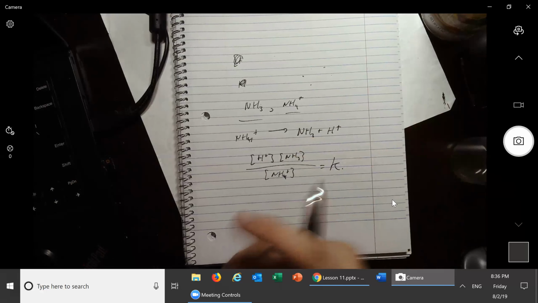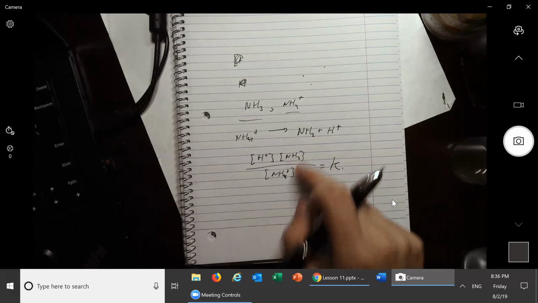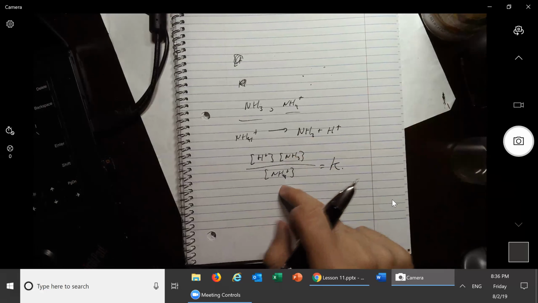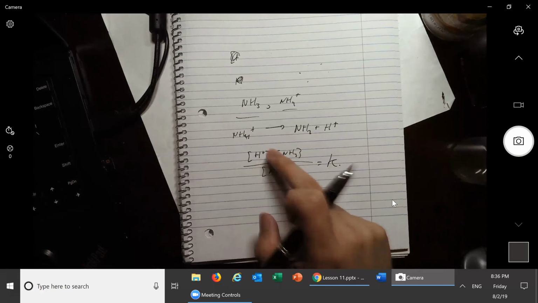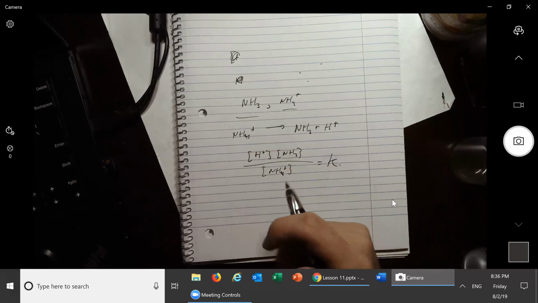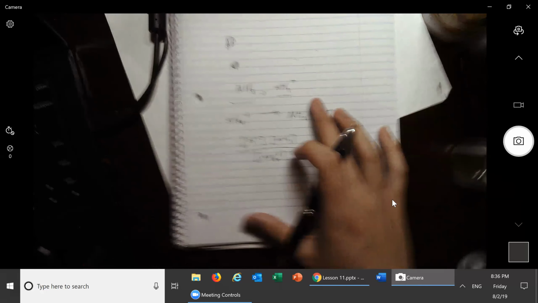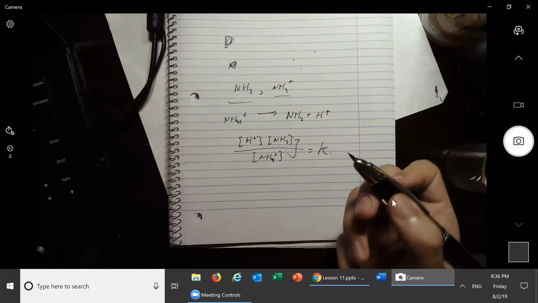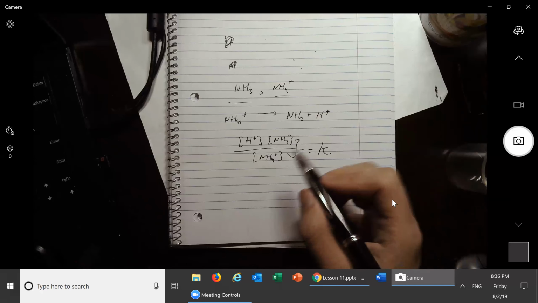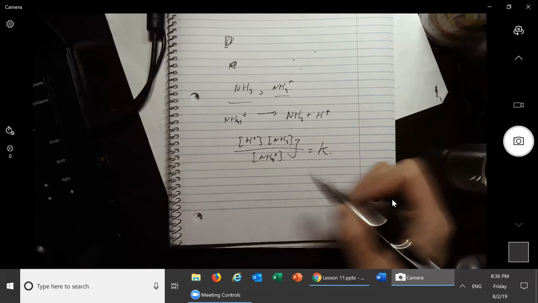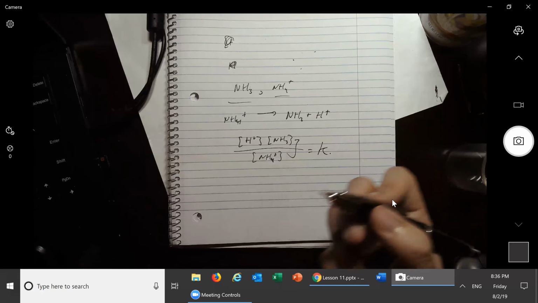Now, the concentrations of NH3 and NH4 plus are much, much larger than H plus. So what this tells us is that we can assume that these two are constant. Then we end up getting this equation, so we can solve for H plus.